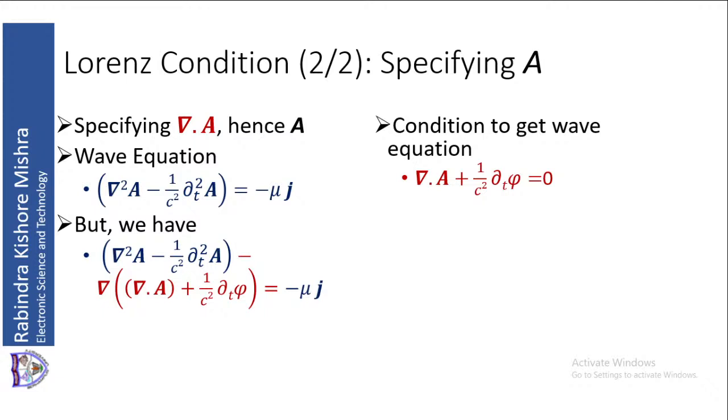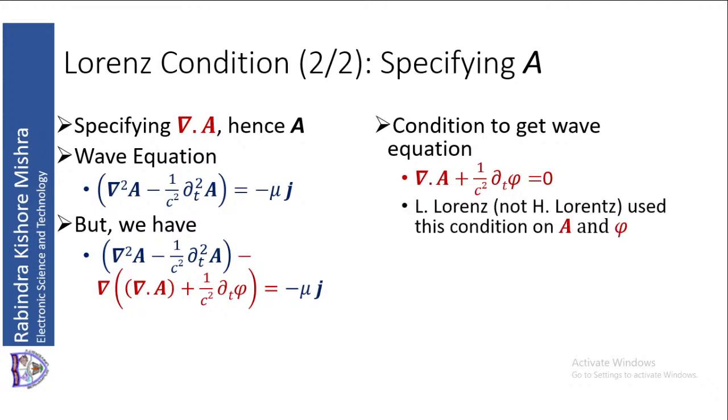The second factor will become 0 if the term on which the gradient is operating becomes 0. The term on which the gradient is operating is divergence of A plus 1 by c square dot t phi. If that is equal to 0, then we get the wave equation.